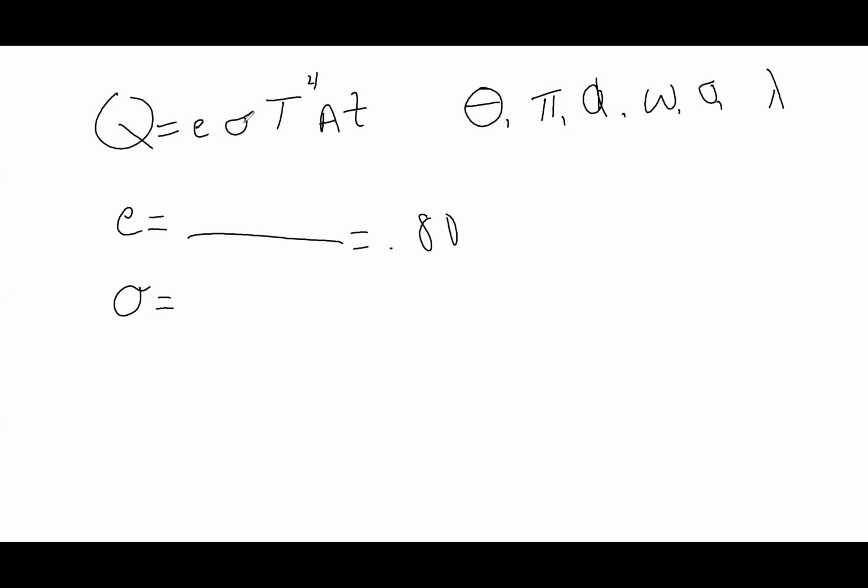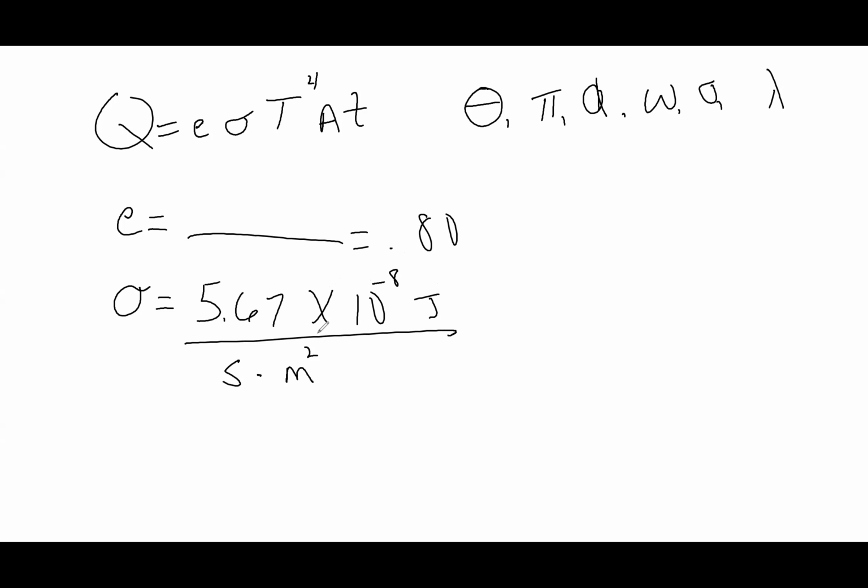That value is 5.67 times 10 to the minus 8, another very, very small number, joule per second per meter squared.